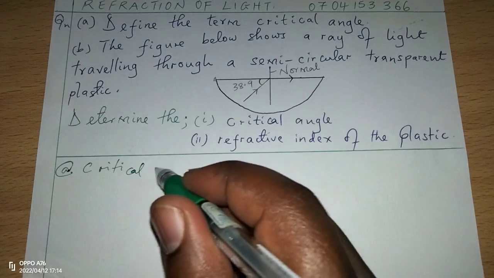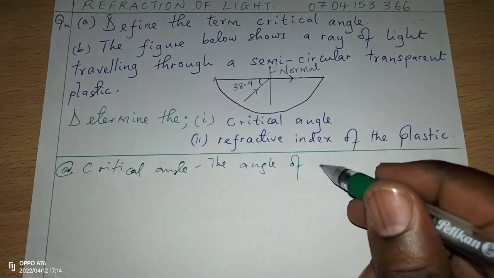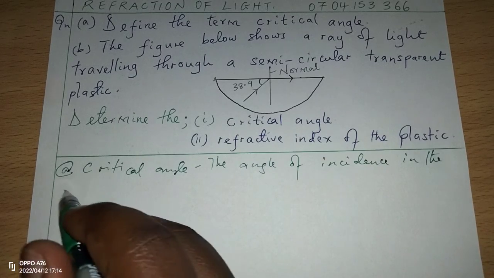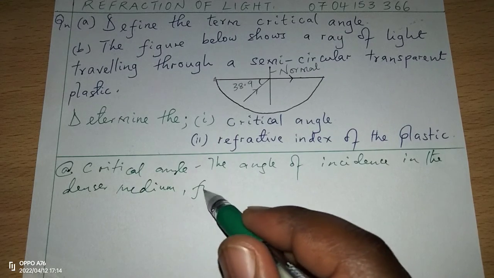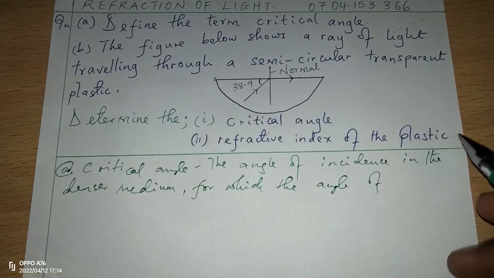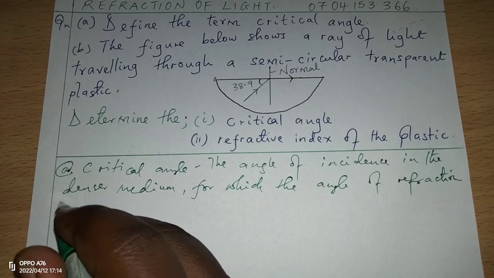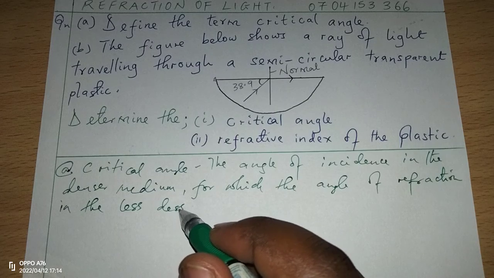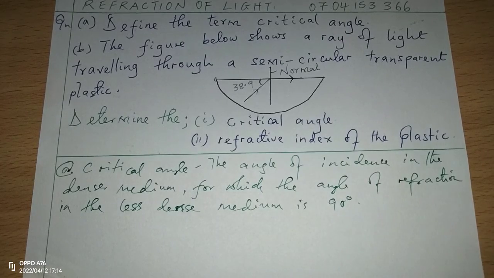The term critical angle can be defined as the angle of incidence in the denser medium for which the angle of refraction in the less dense medium is 90 degrees.